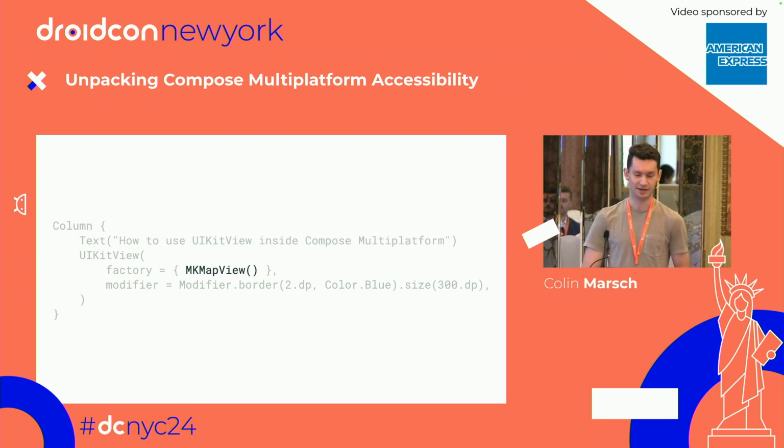So in this case, this MKMapView is a standard iOS map that just displays a map of a location. And you can pull this into your Compose Multiplatform code here, apply any sort of modifiers you want from the Compose side, and then that will funnel up through your Compose states as you would expect if you were just building this using Compose UI.